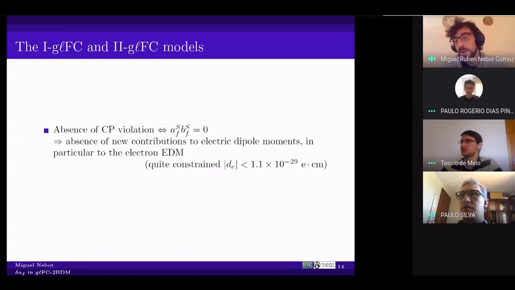What I have done is simplify my analysis, and I'm going into a regime in which I will automatically skip these problems. But in summary, you could explain the G-2 and still be in accordance with the electric dipole moment. Absolutely. Because by construction, in this simplified regime, there is no contribution to the electric dipole moment.